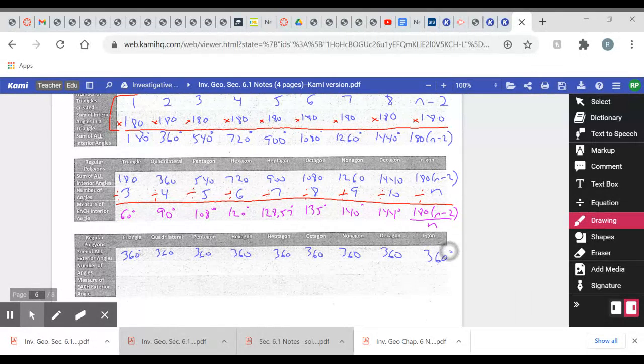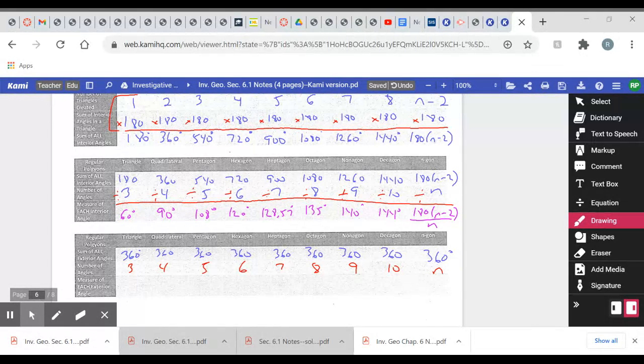It doesn't matter how many sides it has. Again, the number of sides of the figure is the same as the number of interior angles, which is the same as the number of exterior angles. So a triangle has 3 sides, quadrilateral 4, pentagon 5, hexagon 6, heptagon 7, octagon 8, nonagon 9, decagon 10, n-gon n.